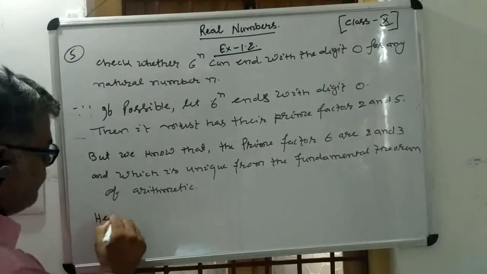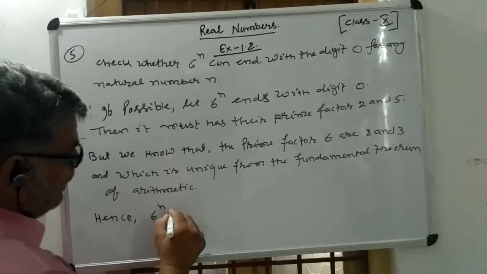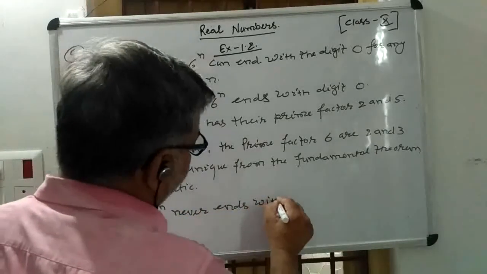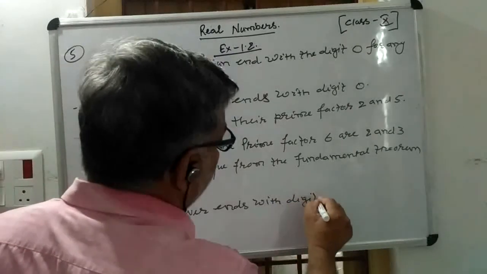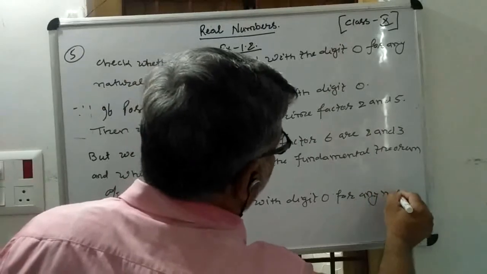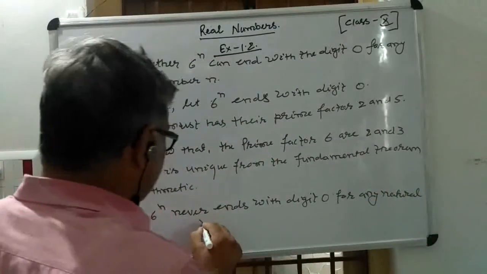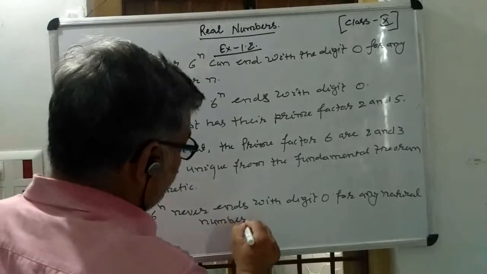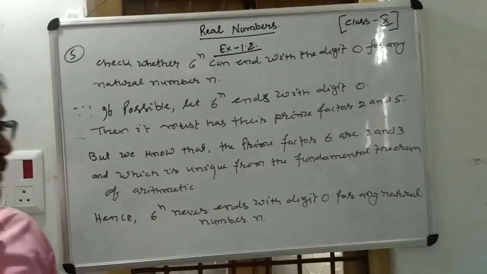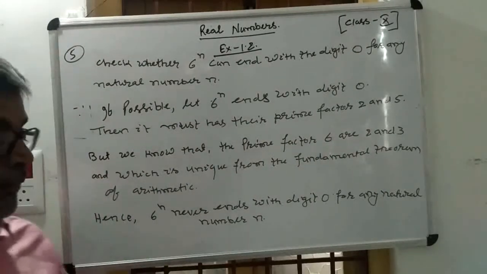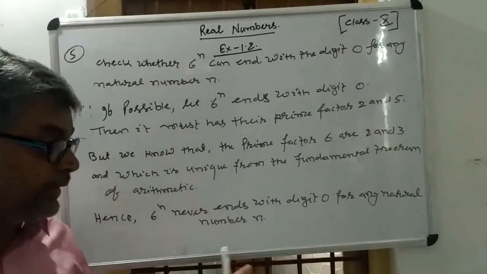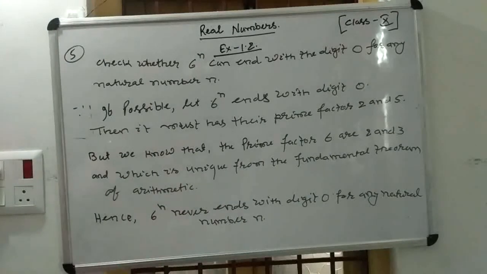Hence 6 to the power n never ends with the digit 0 for any natural number n. Hence it proves that 6 to the power n never ends with 0 for any natural number n, because if it ends with the digit 0, then it must have the prime factors 2 and 5.